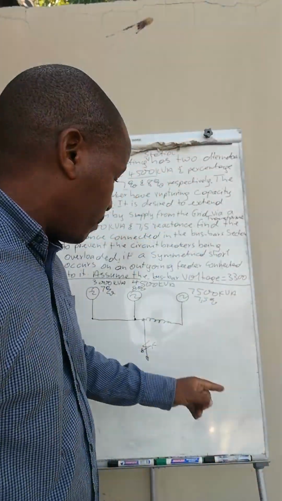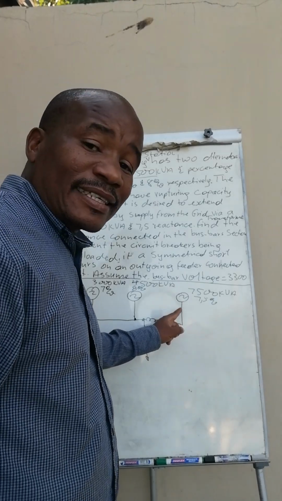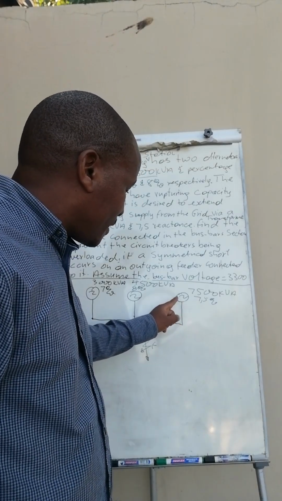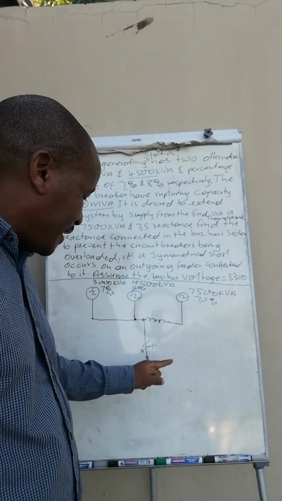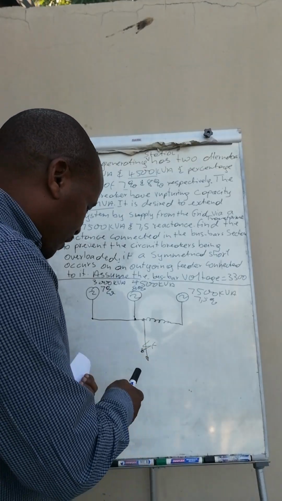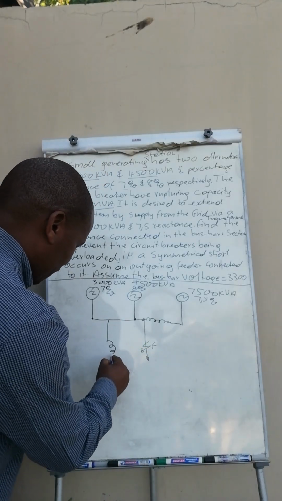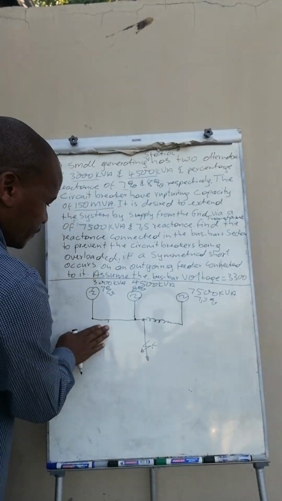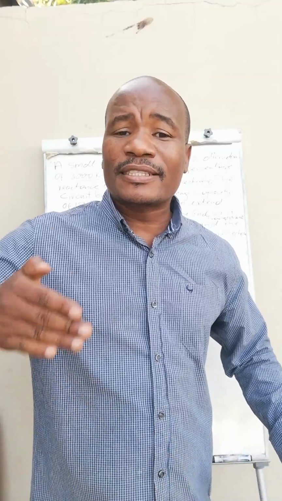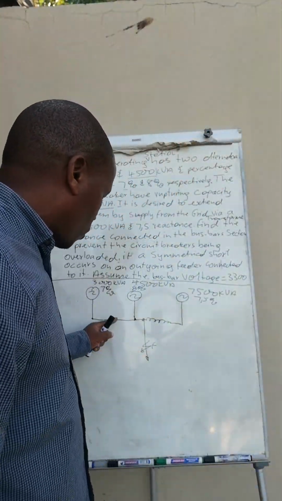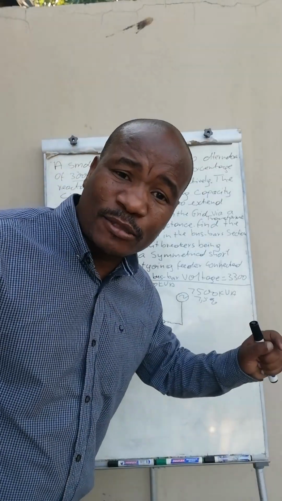Secondly, and this is very, very important, reactors in series with the generators, or reactors connected, for instance, in the feeders, are not good. Why? Because even in normal operation, there is a constant voltage drop and power loss. For that reason in particular, the reactors are normally connected in the bus bars.